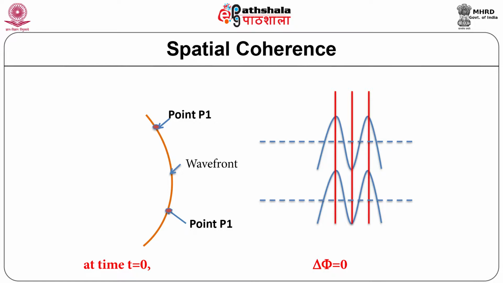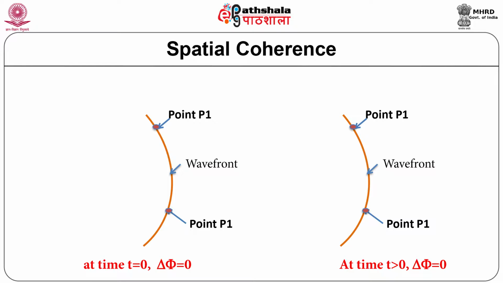The phase difference between the fields will be 0 at time t equal to 0. If the difference remains 0 for any time t greater than 0, there is perfect spatial coherence between the 2 points. If this is followed by every point on the wavefront, then the wave has perfect spatial coherence.